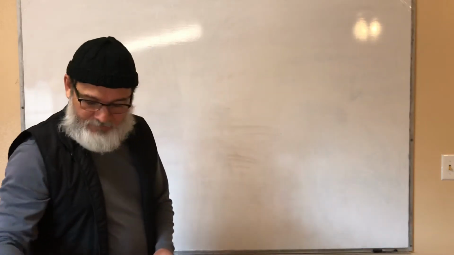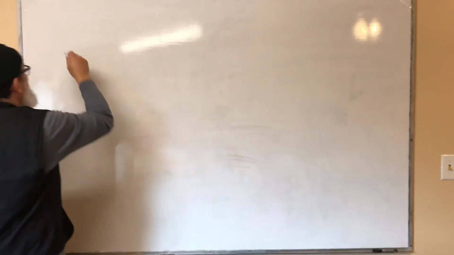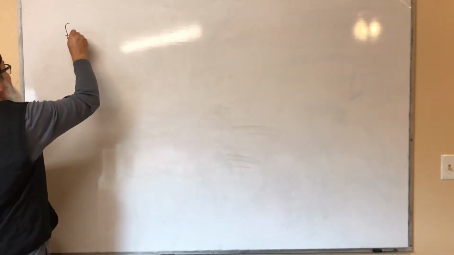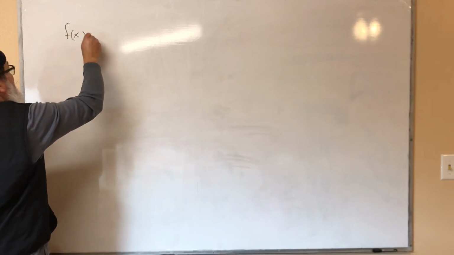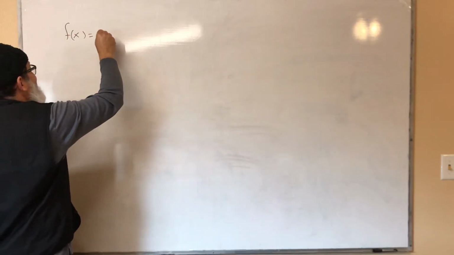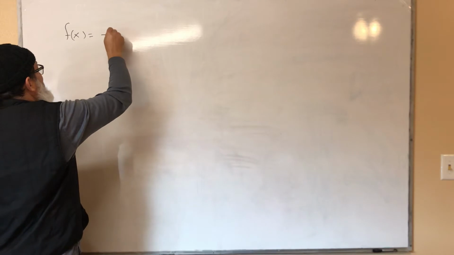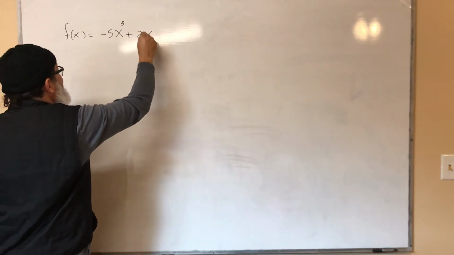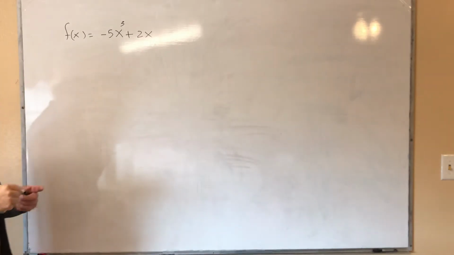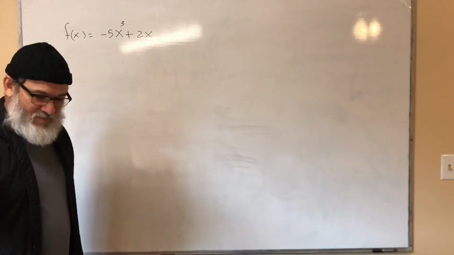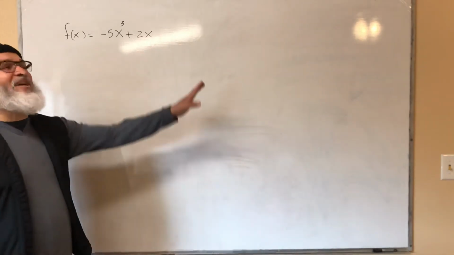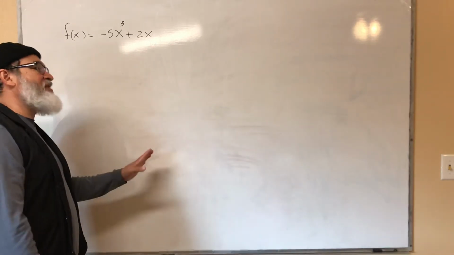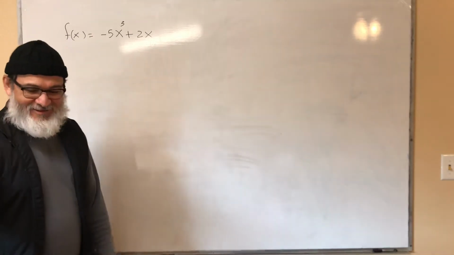So watch this. f of x equals negative 5x to the third plus 2x. What is the end behavior of this function?